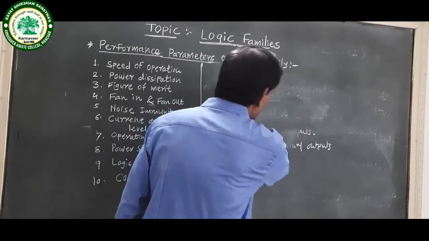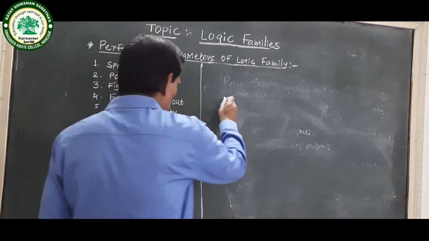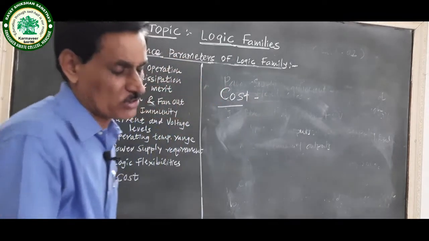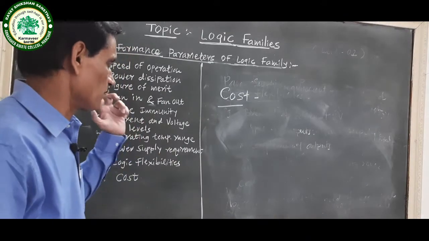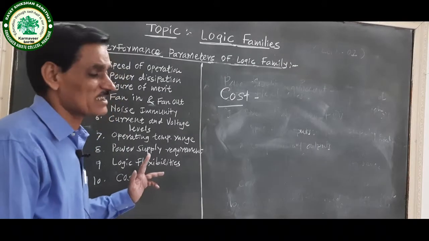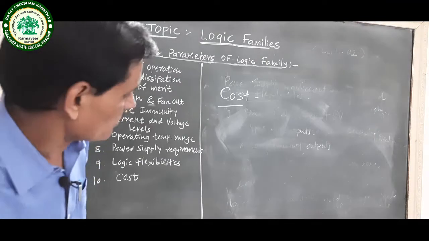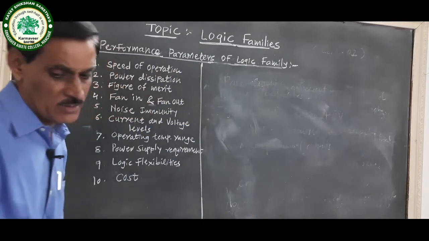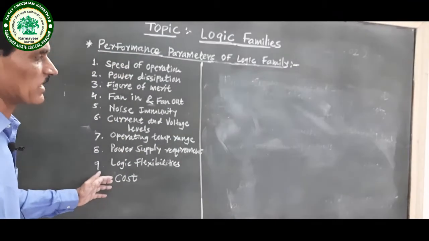And the last parameter is nothing but cost. The cost of the IC plays an important role in the design. Therefore, depending upon the applications and requirements, you have to select the ICs from the proper family. In this way, to study the performance of any logic family, you have to take into account all these 10 to 11 different parameters.